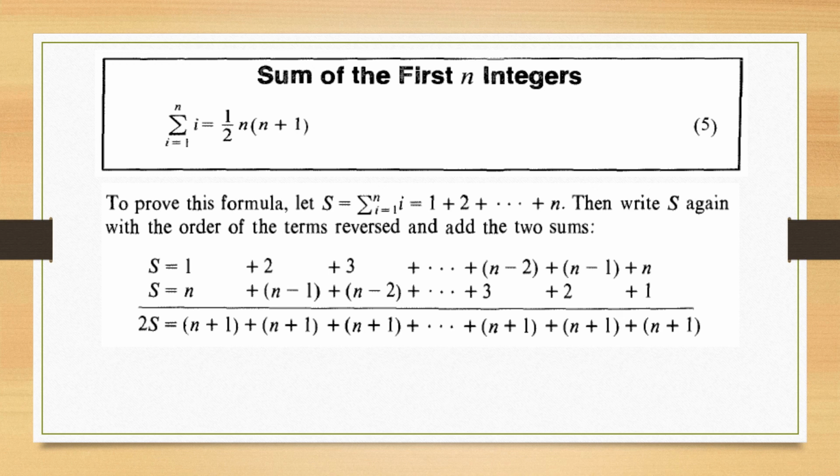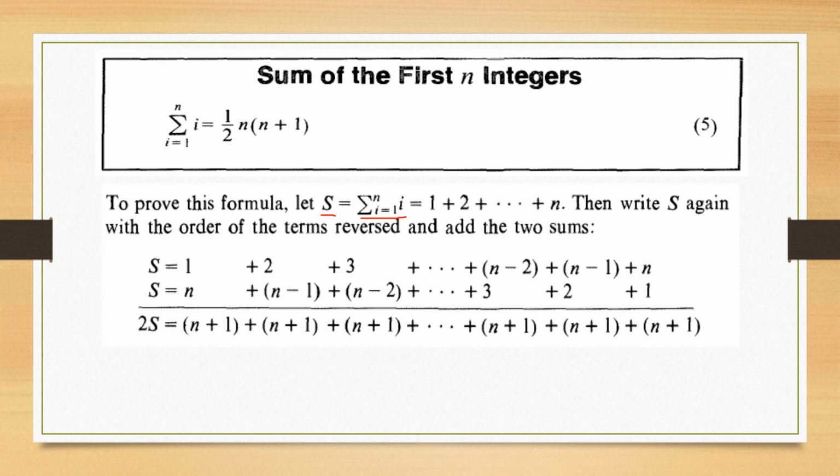Here we suppose that S is the sum where i varies from 1 to n, which is 1 plus 2 plus 3 plus 4 up to n terms. Then write S again with the order of the terms reversed and add the two sums.